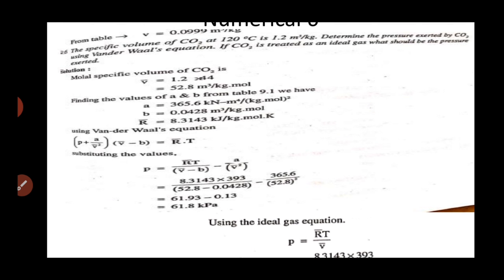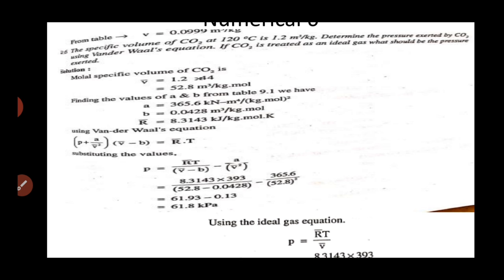Well, we will find the value using the Van der Waals equation. For that, the molar specific volume of CO2, V bar, is equal to 1.2 into 44. 44 is the molecular weight of CO2. C is 12, O2 is 32, 12 plus 32 is 44.